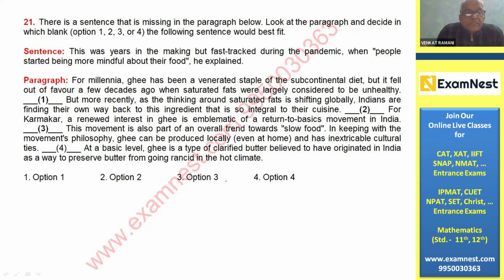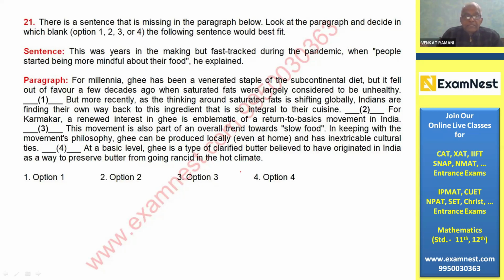The sentence to place is: This was years in the making, but fast-tracked during the pandemic when people started being more mindful about their food, he explained. Maybe somebody is talking and that has been quoted here, because it is within quotes, and he says he explained. Now let us look here. For millennia, ghee has been a venerated staple of the subcontinental diet, but it fell out of favor a few decades ago when saturated fats were largely considered to be unhealthy.